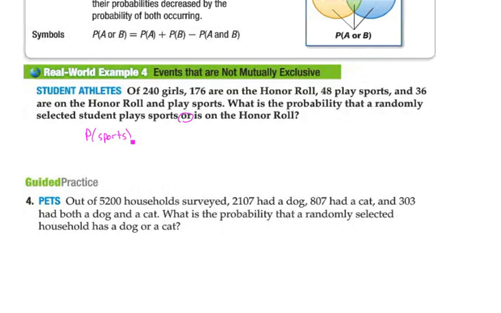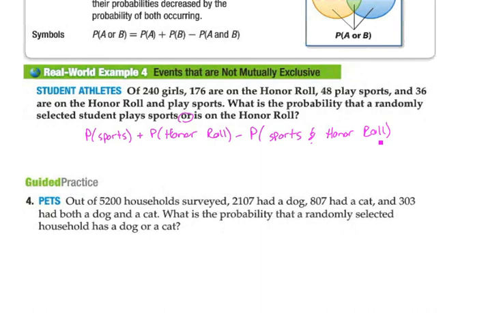We're going to add that to the probability that they're on the honor roll, but it doesn't say and together, so we're going to have to subtract those that are sports and honor roll.